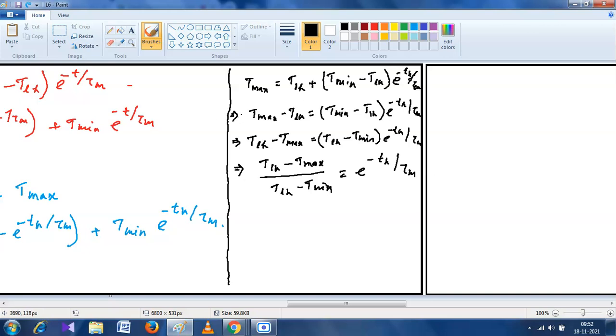Yes, sir. Now after taking log, log of (TLH minus T max) by (TLH minus T min) is equal to minus TH by tau m. होगा ऐसा?